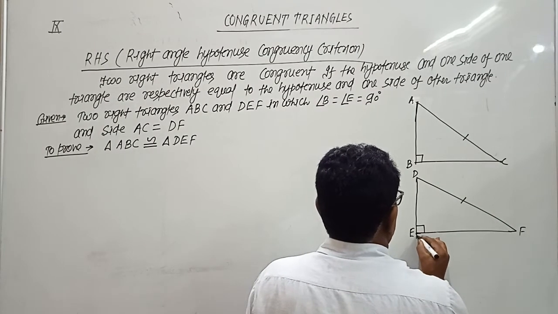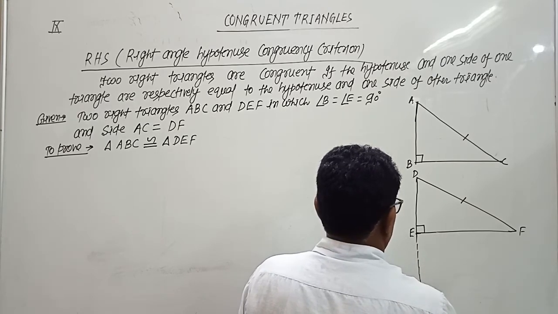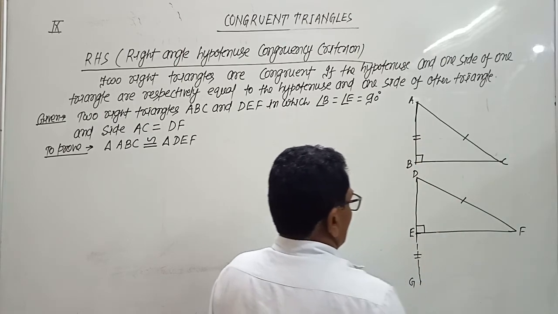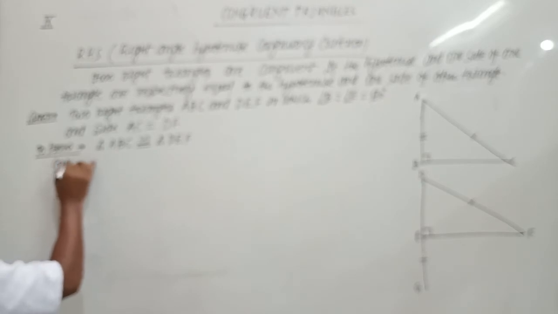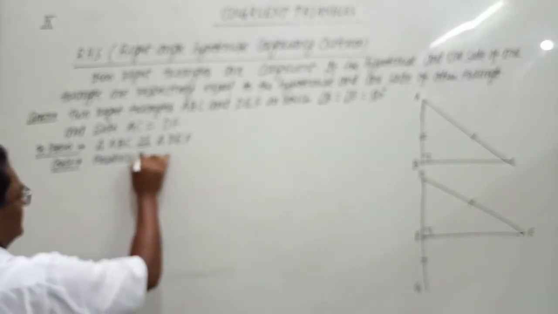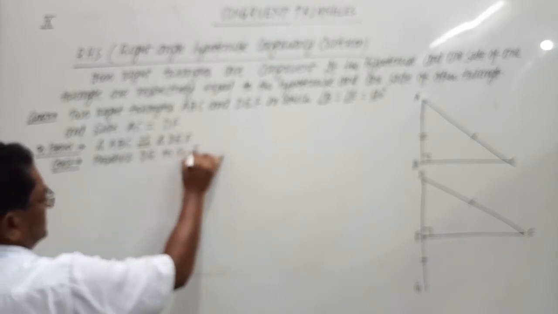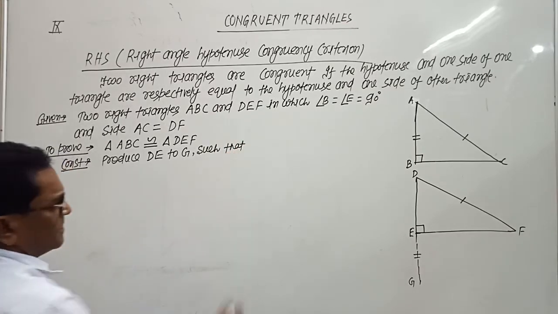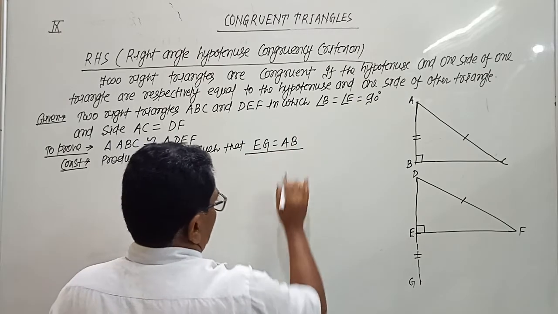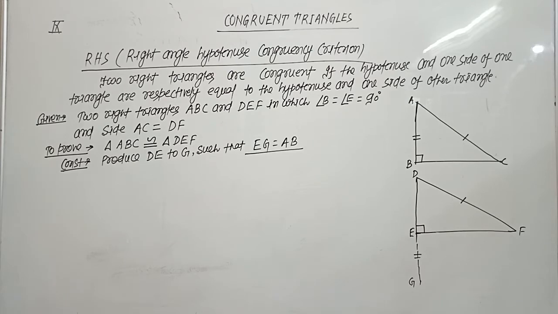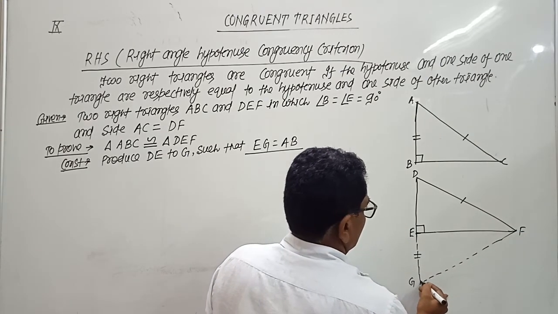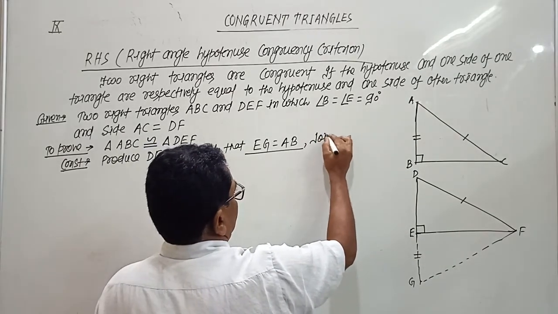Produce DE to G such that EG equals AB. By construction, EG equals AB. Join GF.